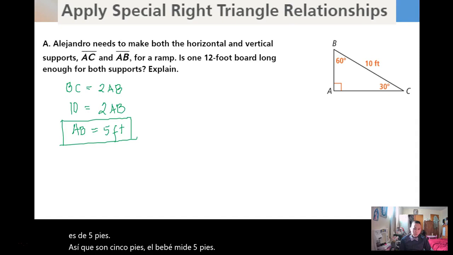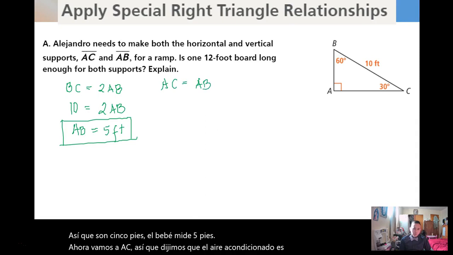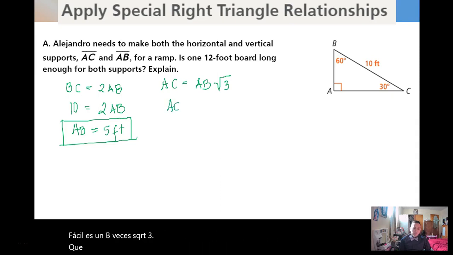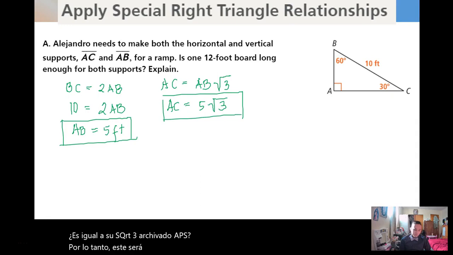Now we go to AC. We said that AC is AB times the square root of 3, which is your AB, 5, times the square root of 3. Therefore, this will be your AC, 5 times the square root of 3.